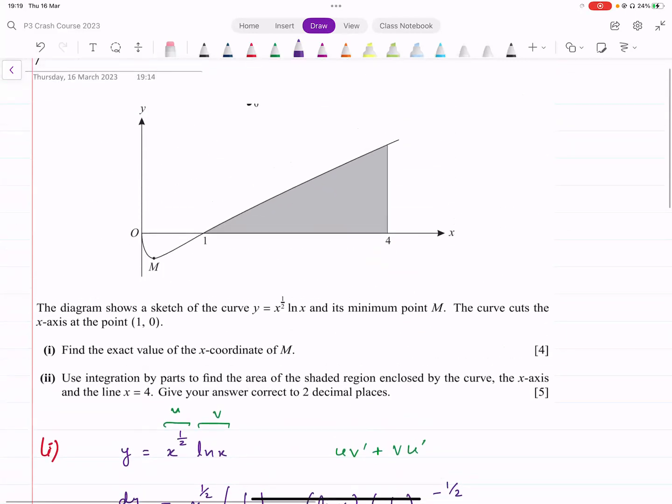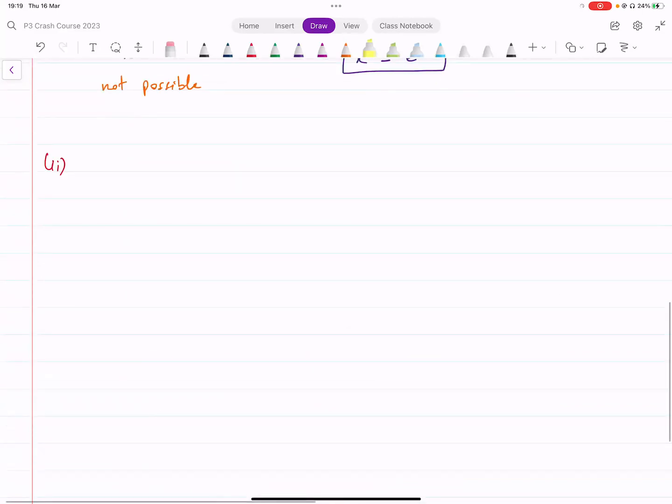So we're looking for this shaded region. It's the region between the curve and the x-axis. Limits are going to be from 1 to 4. All right. Now, let's write this down here. The area that we're looking for, let's write down the function here.